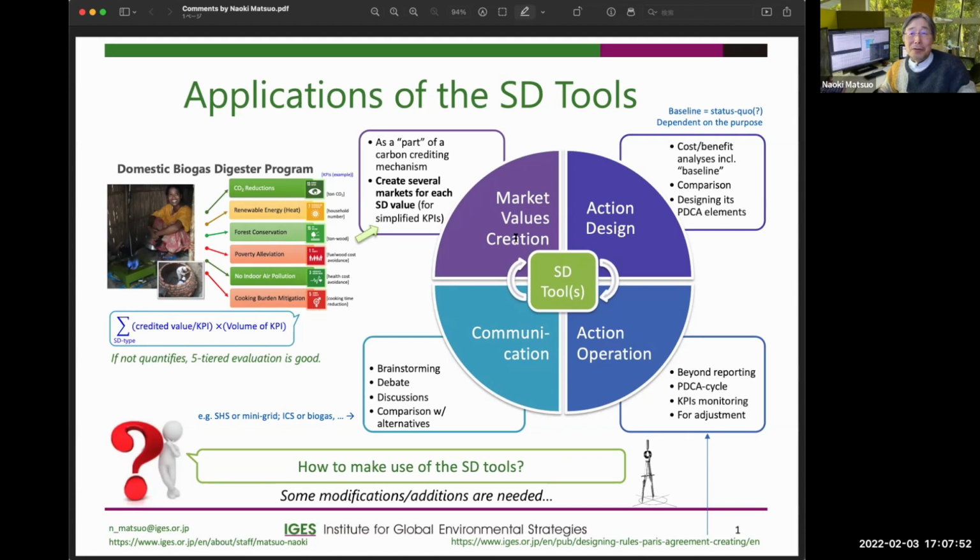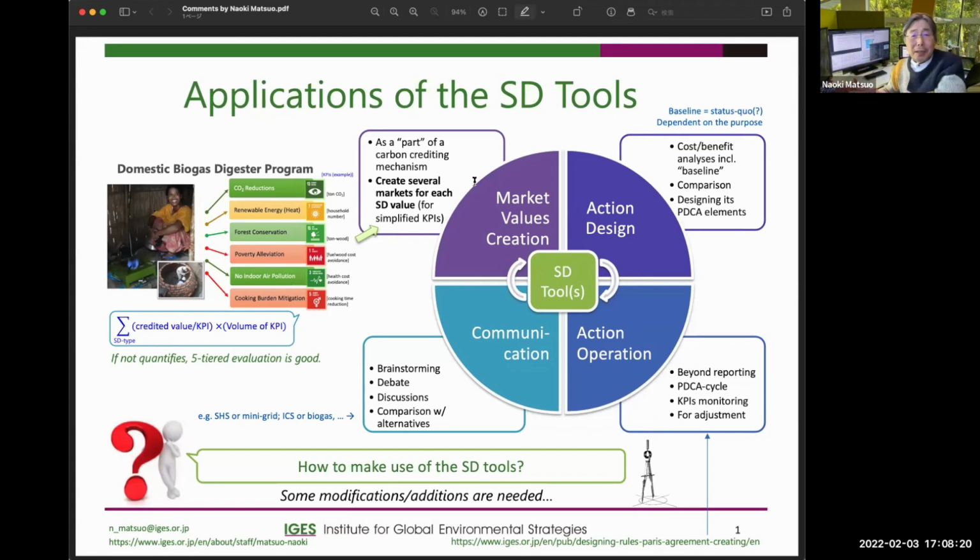So market value creation, in the case of, for example, the voluntary carbon crediting market, for example, the Gold Standard, that is a kind of carbon crediting. And in the scope of carbon crediting, we are trying to incorporate such SD elements of the project into such kind of market value.